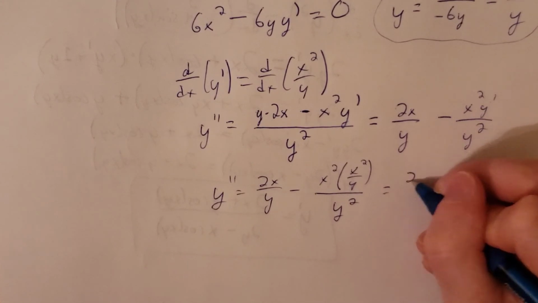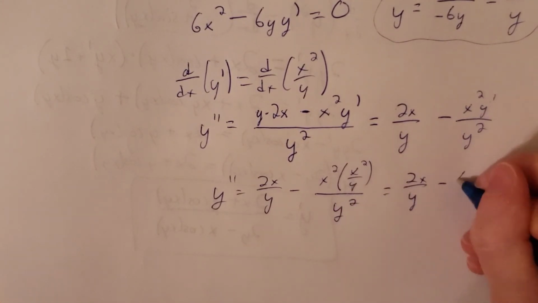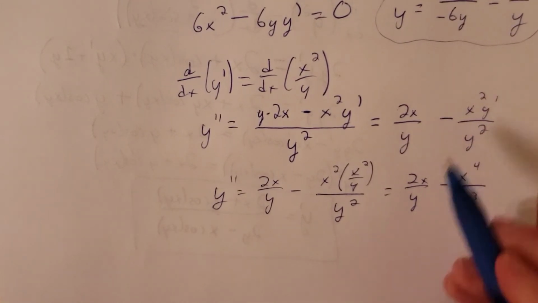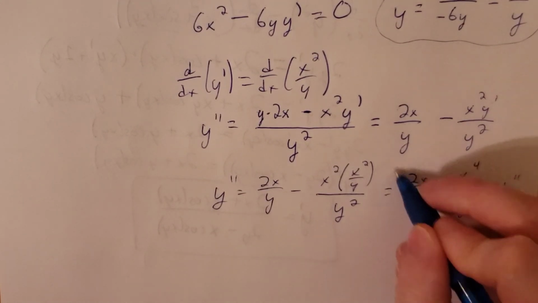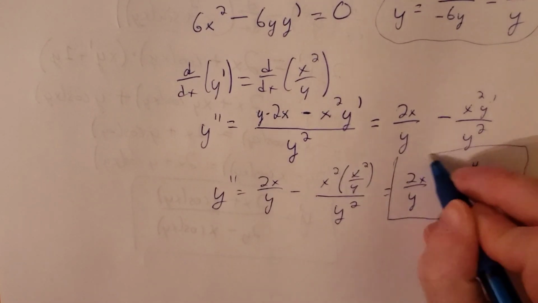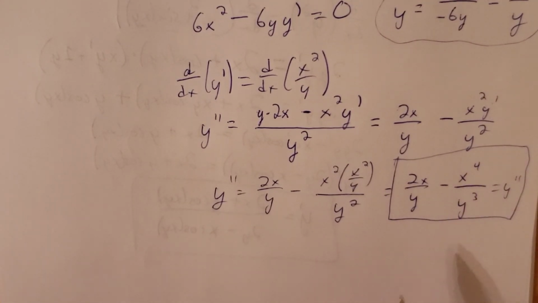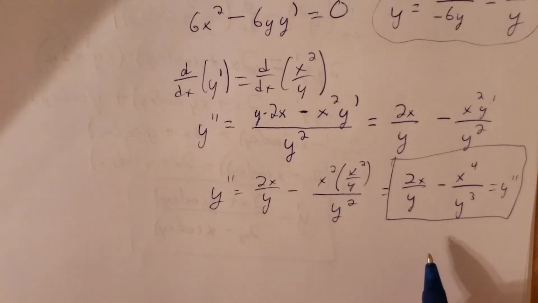So this is 2x over y minus x to the fourth over y cubed. And that is our second derivative of y with respect to x. And that is where we will end this last video on implicit differentiation.